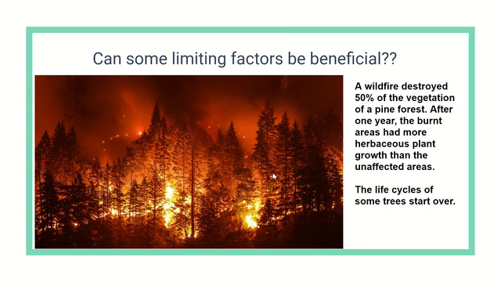All right. Can some limiting factors be beneficial? If we have a wildfire that destroyed 50% of the vegetation of a pine forest, after 1 year the burnt areas had more herbaceous plant growth than unaffected areas. So basically that's saying that more plants grew during that time.